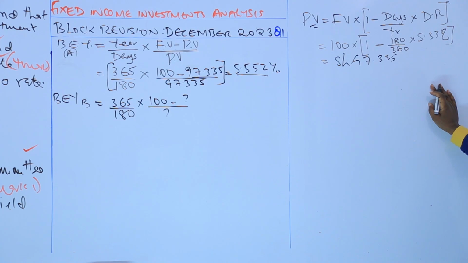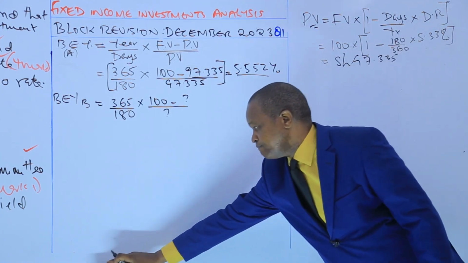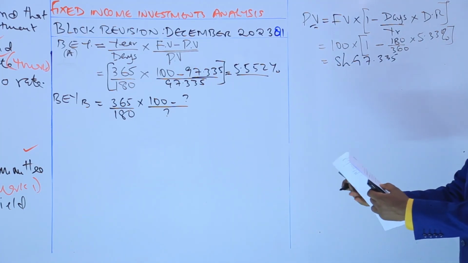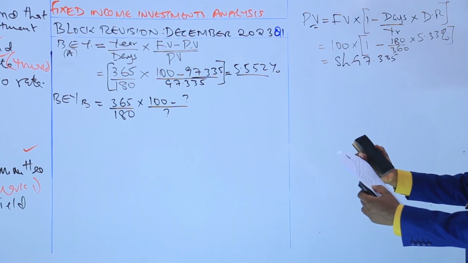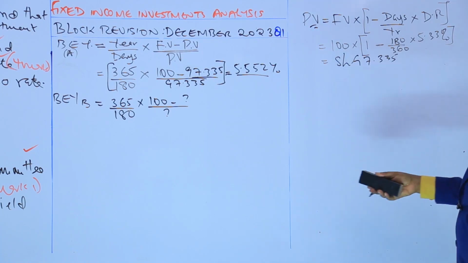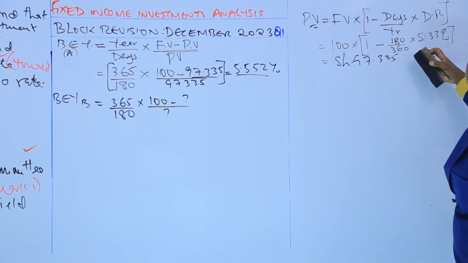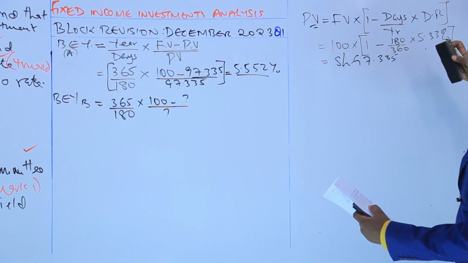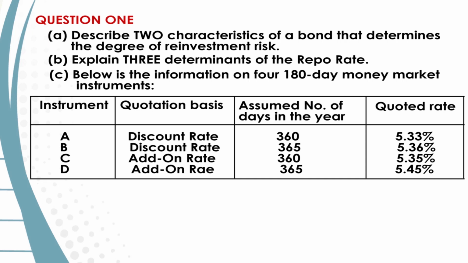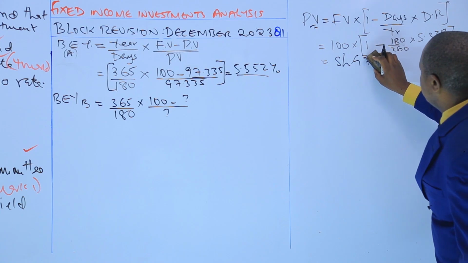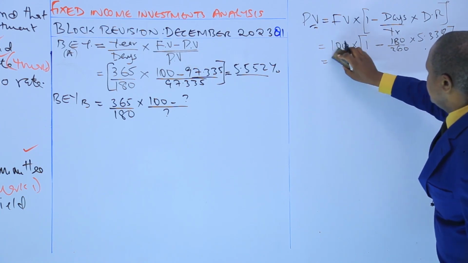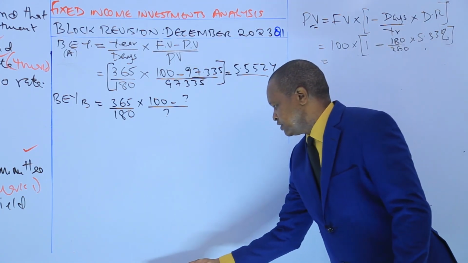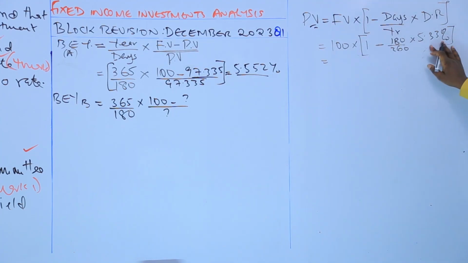Now, the present value of instrument B, we use the same formula, but what will change is the quoted rate, which is the discount rate of 5.36. So it's going to be the same. The only difference here will be the quoted rate.